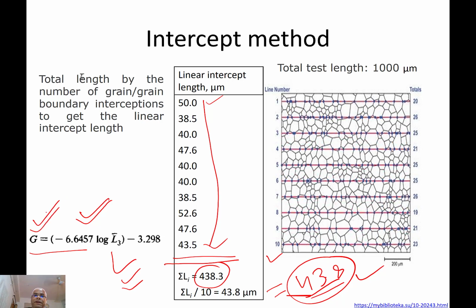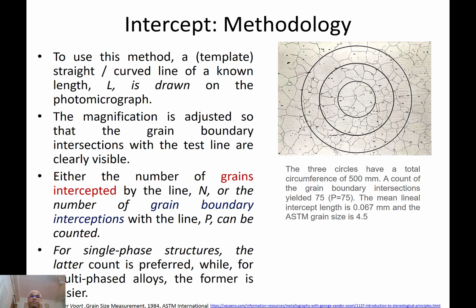So basically in this intercept method, we draw straight lines or circular lines over the microstructure and then count the number of intercepts of the grains or the grain boundaries. We can use any of these methods. Here the intercept method is explained using circular lines.